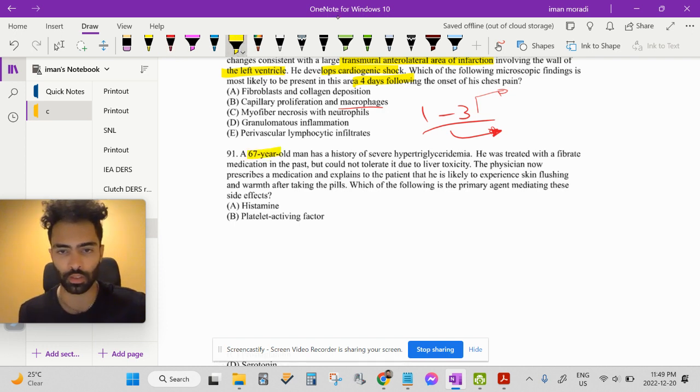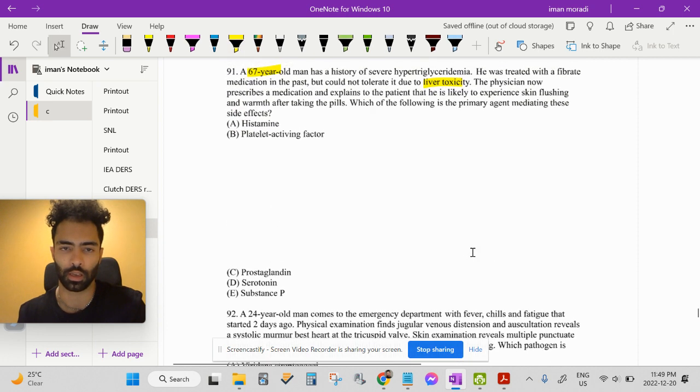So we got a 67-year-old, and the physician now prescribes a medication that I explained. If you're taking a medication that causes flushing, in this context it's niacin, vitamin B3, right?